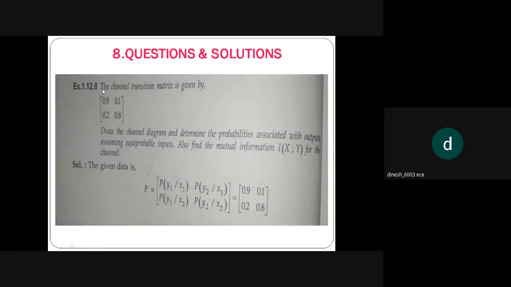The probability of occurrence of each input should be equal. So we can write P of x1 as 0.5, P of x2 as 0.5. Since we have two outputs, two columns, we divide by 2 equiprobably and get 0.5, 0.5.